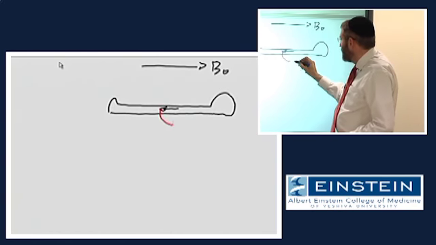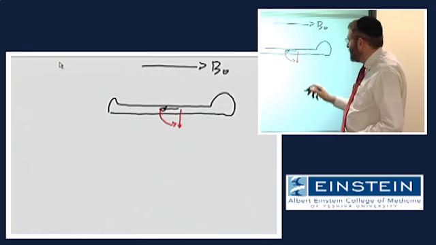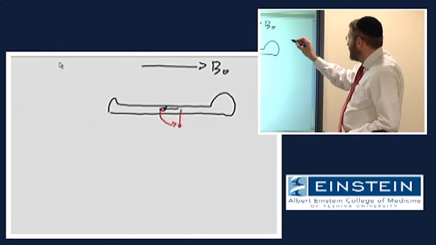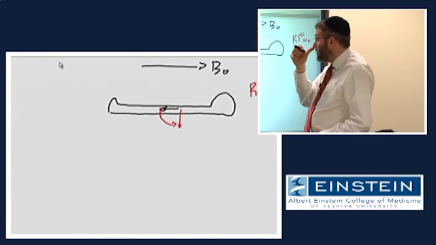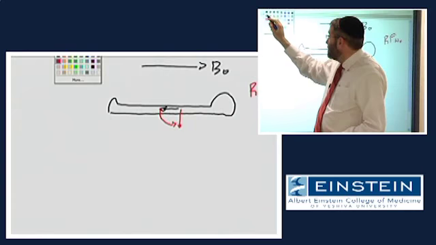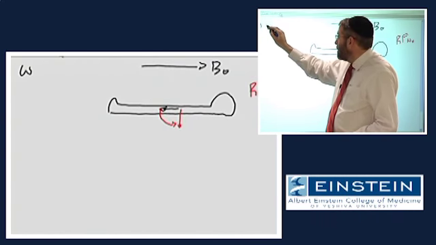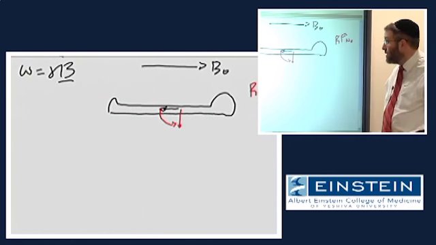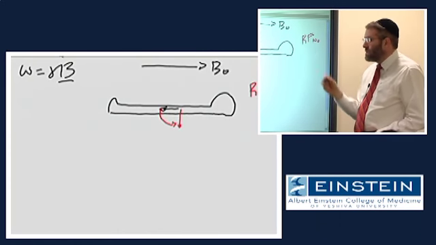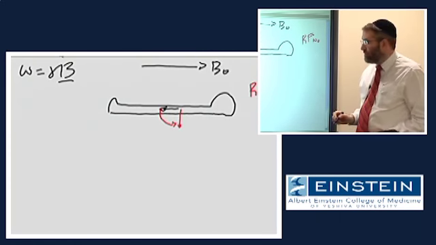Right. In order to do this, what did we have to do? We had to turn on our RF at the Larmor frequency, the precessional frequency that corresponds to whatever our magnetic field strength is, which in the case of B naught, is the Larmor frequency, omega naught.